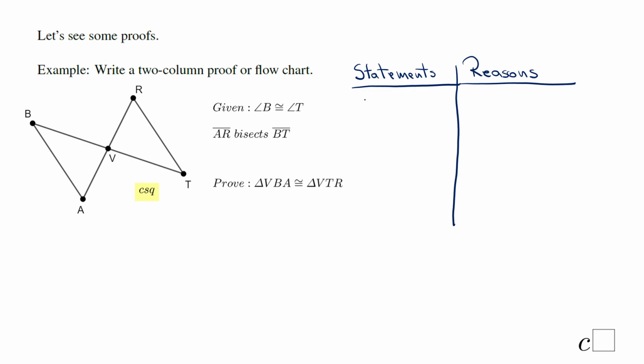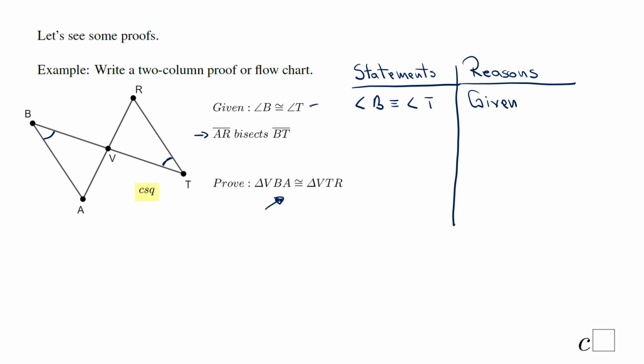Angle B congruent with angle T. That is given. But first of all, I should try to see how we can prove these two triangles are congruent, right? So let's mark on the picture: angle B congruent with angle T. Okay, that's good. But now we're looking at this segment.